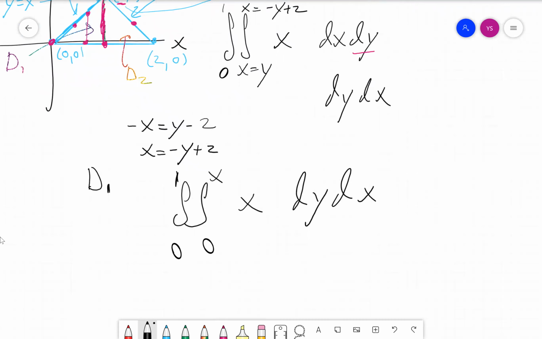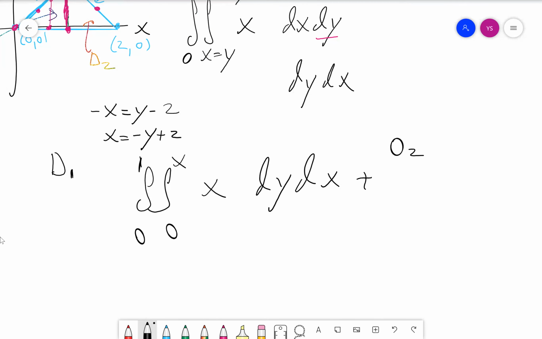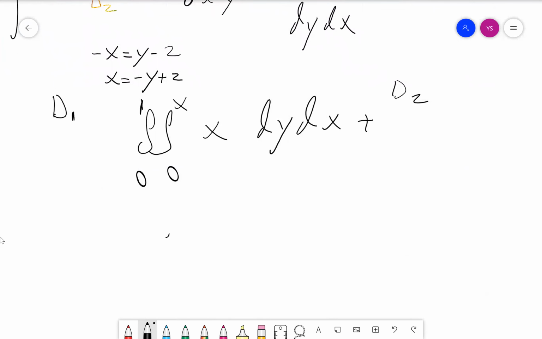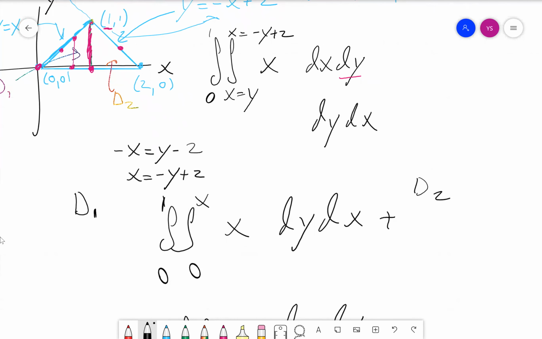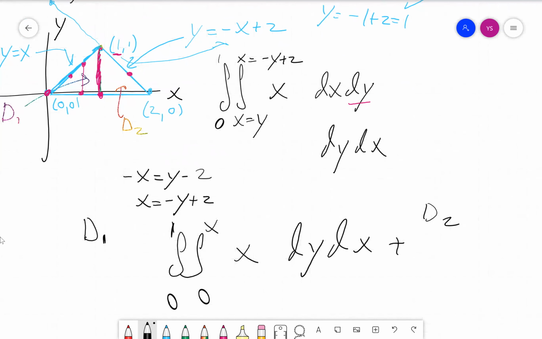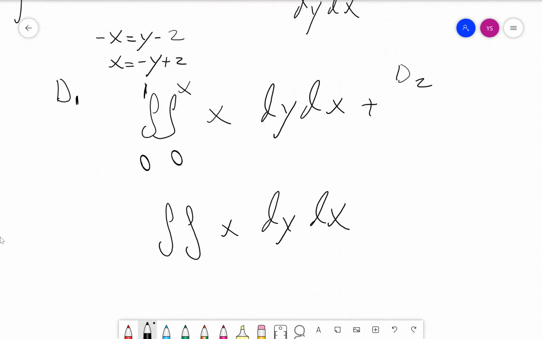Okay, and then we add to this the part on the D2 domain. So that is the double integral of x dy dx. From where until where is y going on D2? Yeah, we're going from 0 to negative x plus 2.